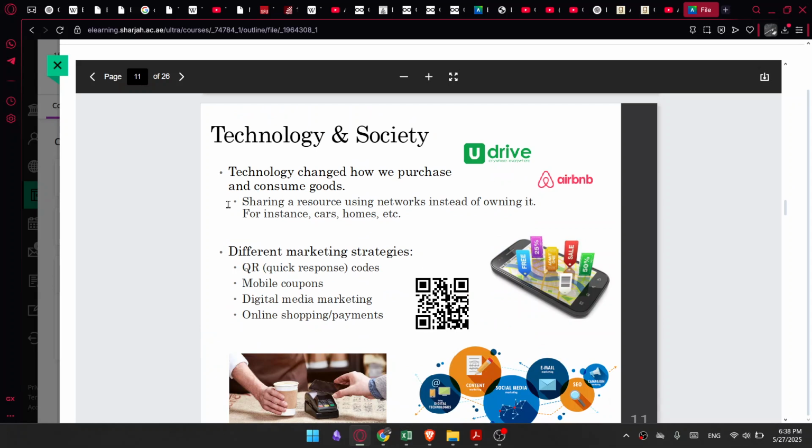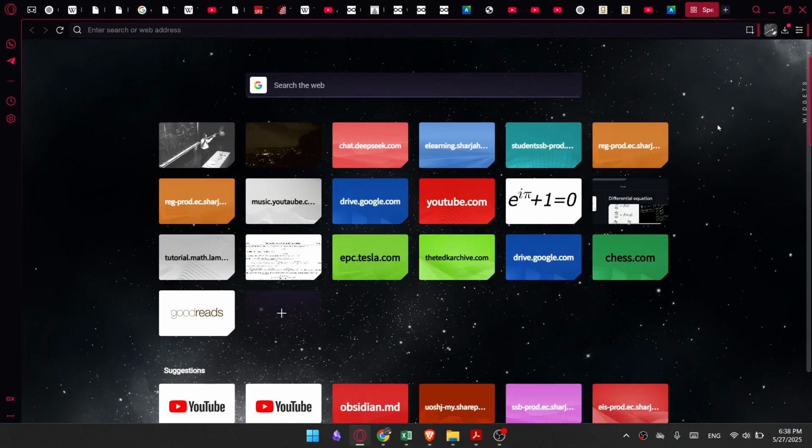Technology and society. Technology changed how we purchase and consume goods. That means, for example, now we have lots of applications that we use to purchase items and consume goods. For example, here we have Amazon.